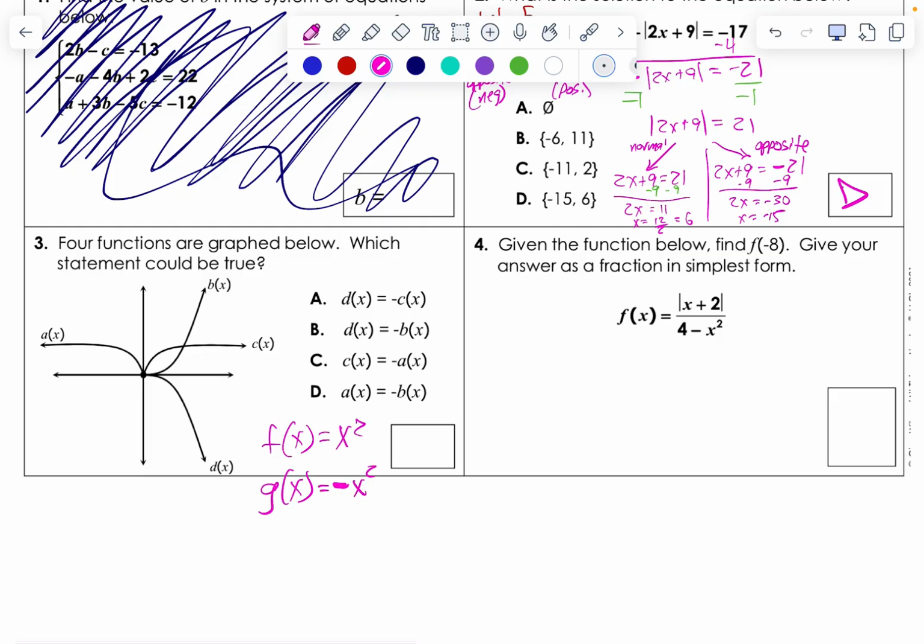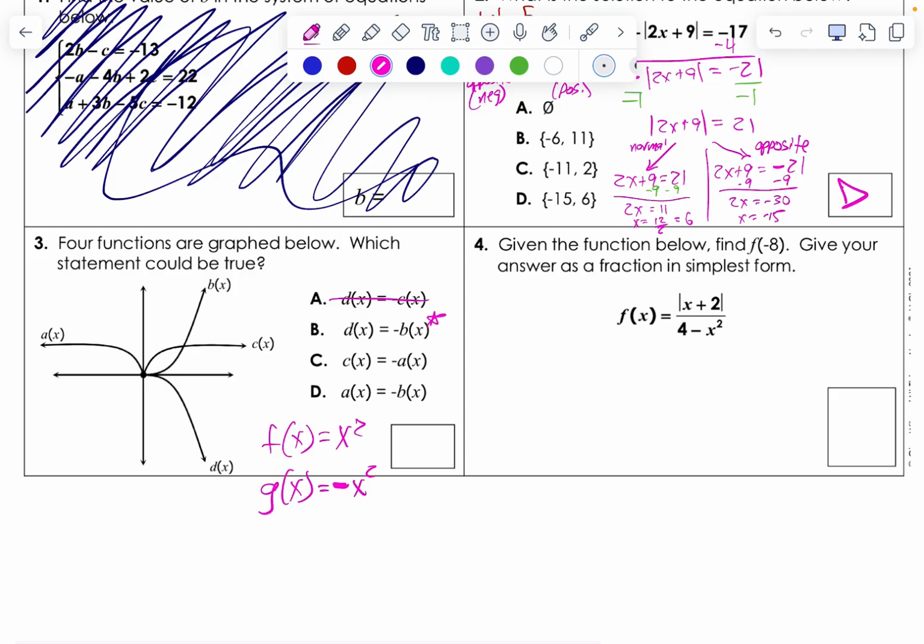Well, C and D don't even look like the same function, so probably not that one. How about D and B? Yeah, like just flipped over, right? That looks pretty promising. I might mark that one and come back to it. C and A, well, those are reflections of each other, but which way?